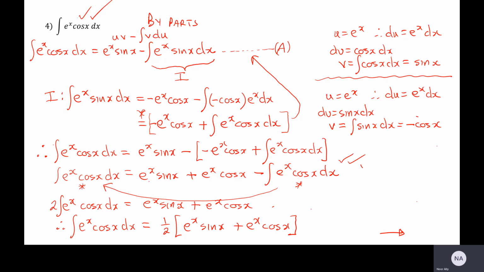A beautiful example where there's a number of factors to consider. There's nice interplay between algebra, differentiation, integration. It's a beautiful problem. That brings this lesson to an end.